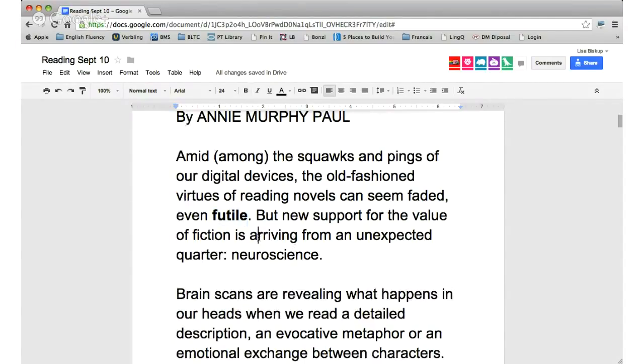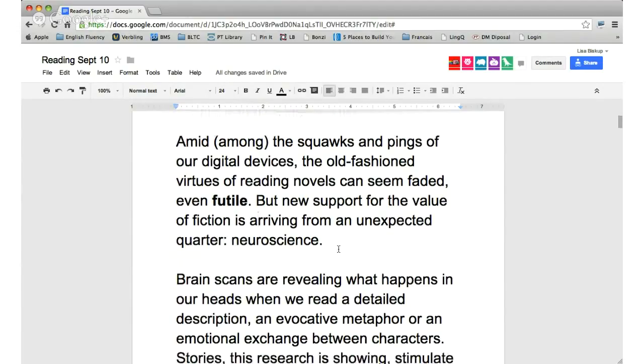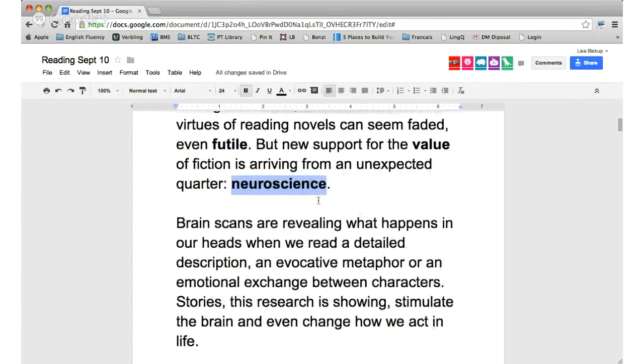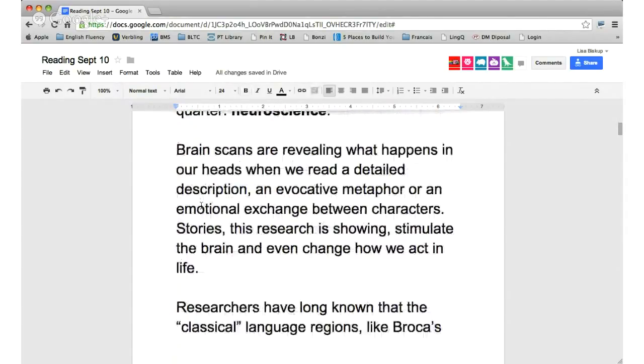They just want to watch videos or TV, movies, things like that. And so she's saying that there's new support for the value of it. Some people are saying that it is good and there is value in doing it. The place where we're getting that information is from neuroscience, so the scientists who study the brain and the nervous system.